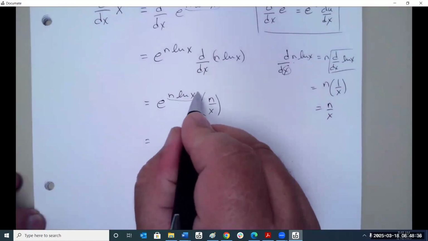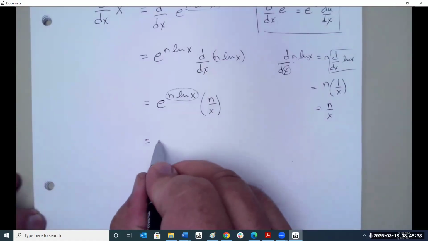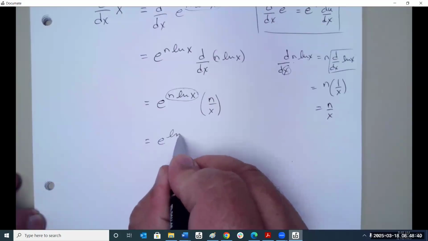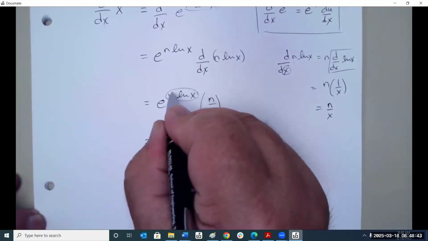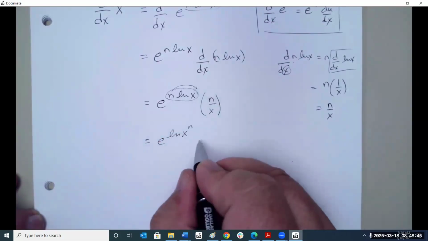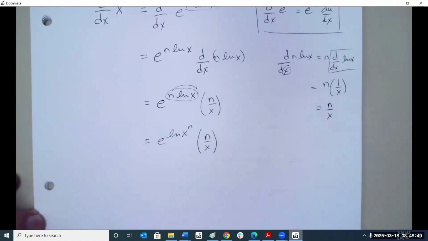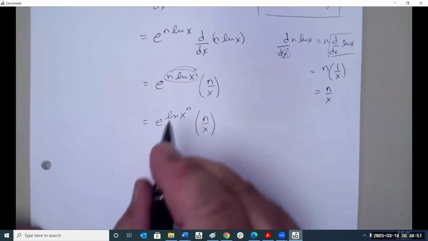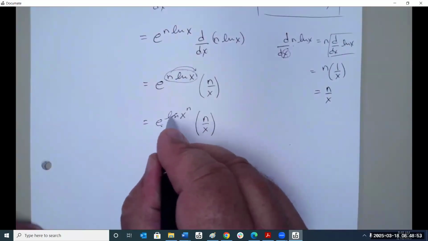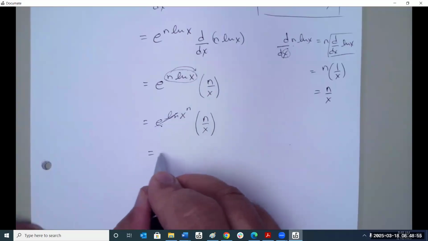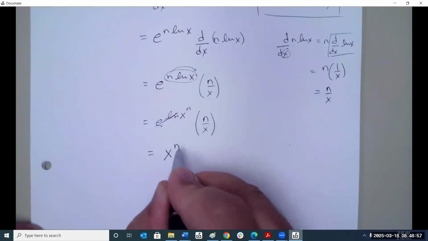Look at this. We can rewrite that as ln x to the power n, because the coefficient can go back up to being a power. The e and the ln cancel, so that just leaves me x to the power n.